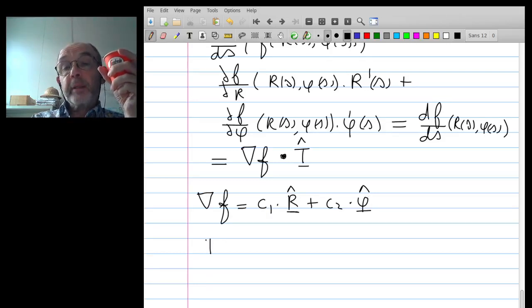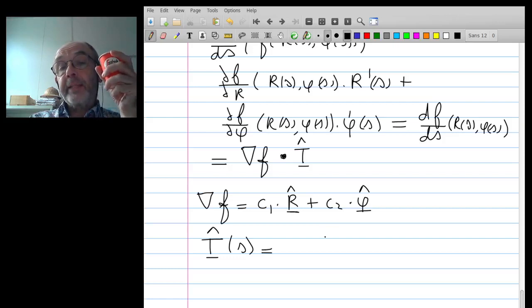Further, the tangent vector along that curve is equal to, now what do we have?